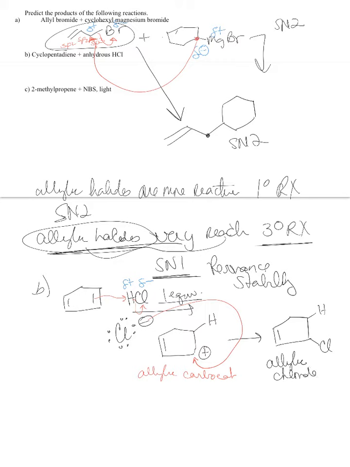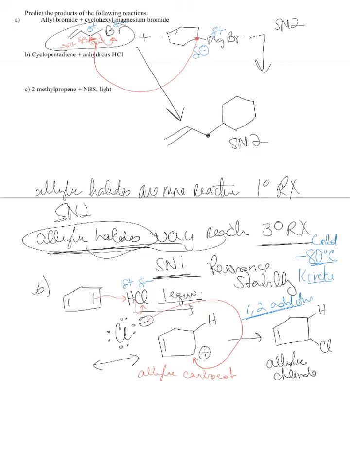And we call that 1,2 addition. Now that's kinetically, you can always get a 1,2 addition over 1,4. And to do that kinetically means you do it like at minus 80 degrees Celsius. You do it very cold. That's your kinetic product.